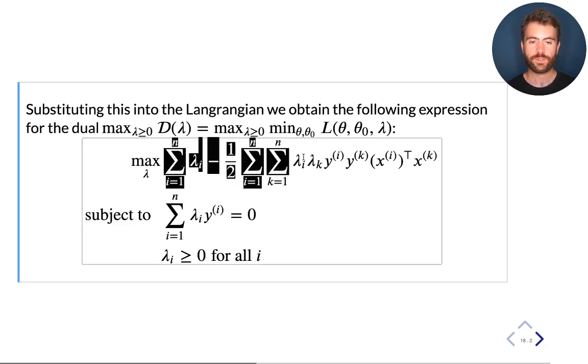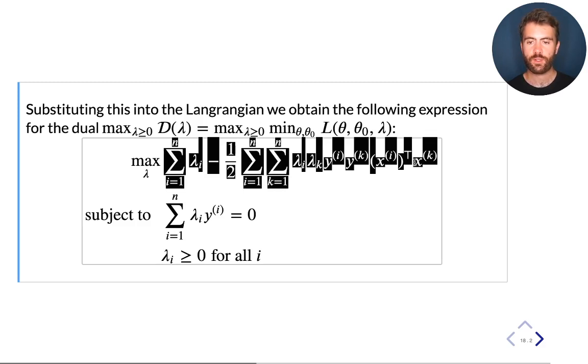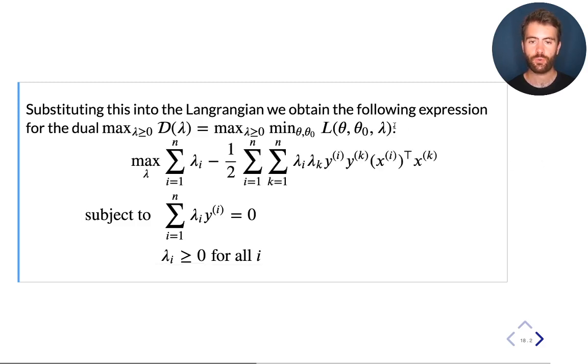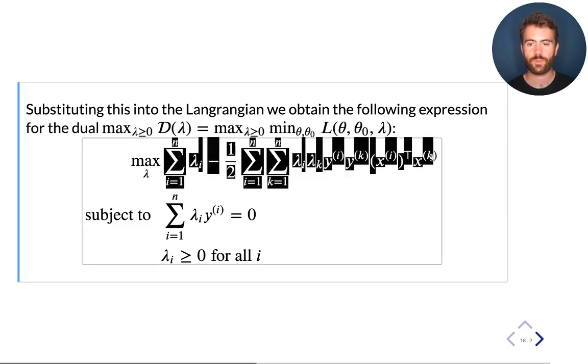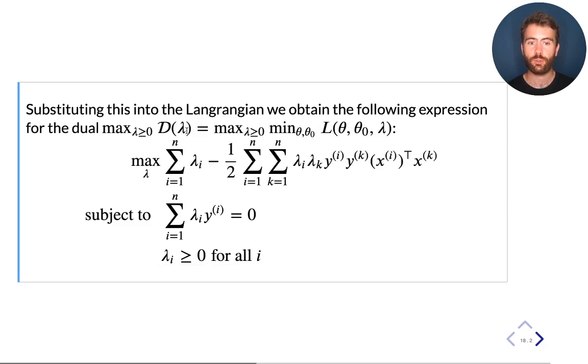So for any lambda, this is the expression for the Lagrangian with the optimal set of parameters theta. It's going to be this form. So I have derived a closed form expression for d of lambda.